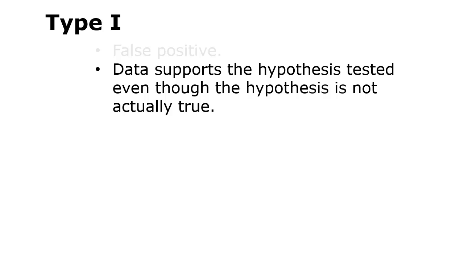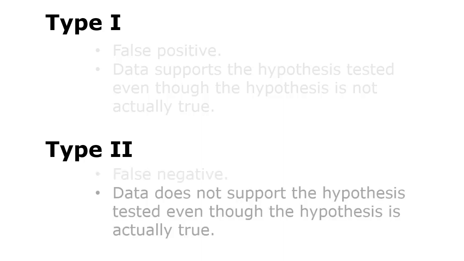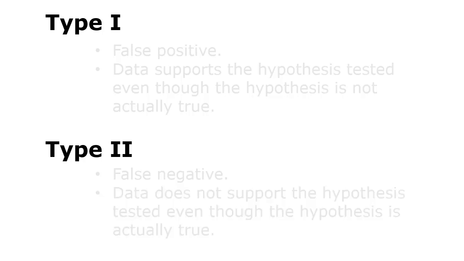And a lot of statistical procedures are developed so that you can minimize or avoid this type of error. A type 2 error is called a false negative. The data does not support the hypothesis tested, even though the hypothesis is actually true. So that's a type 2 error.